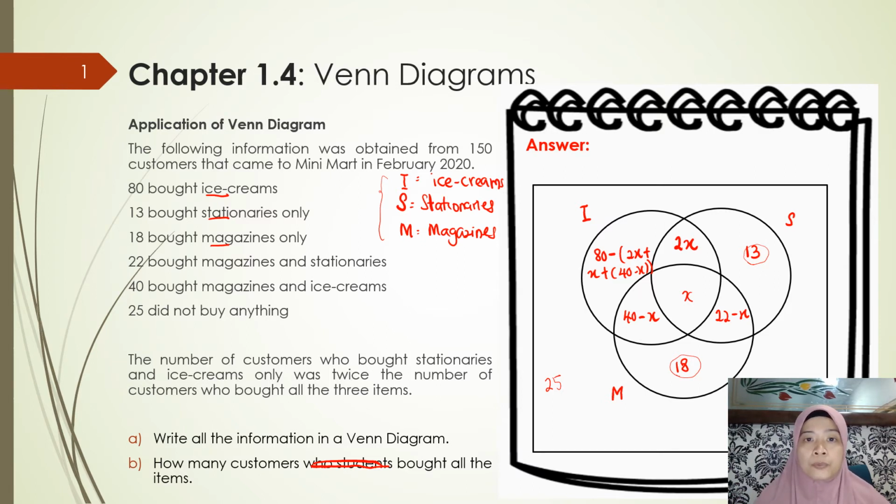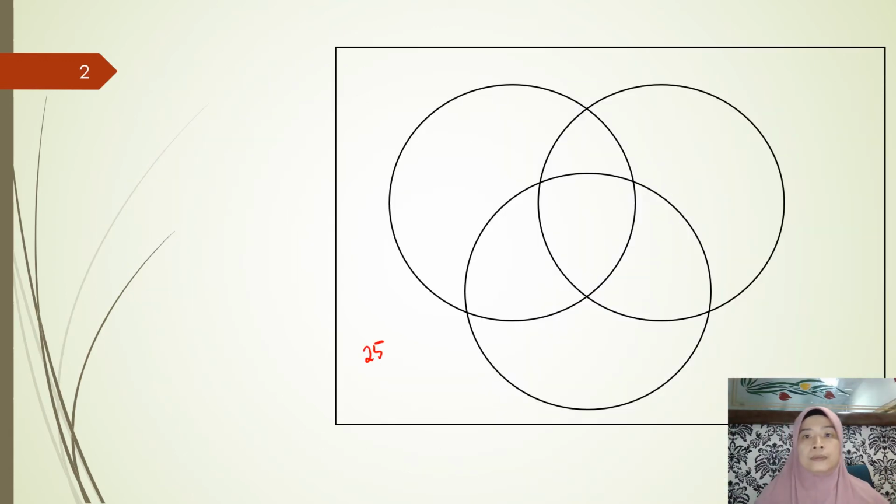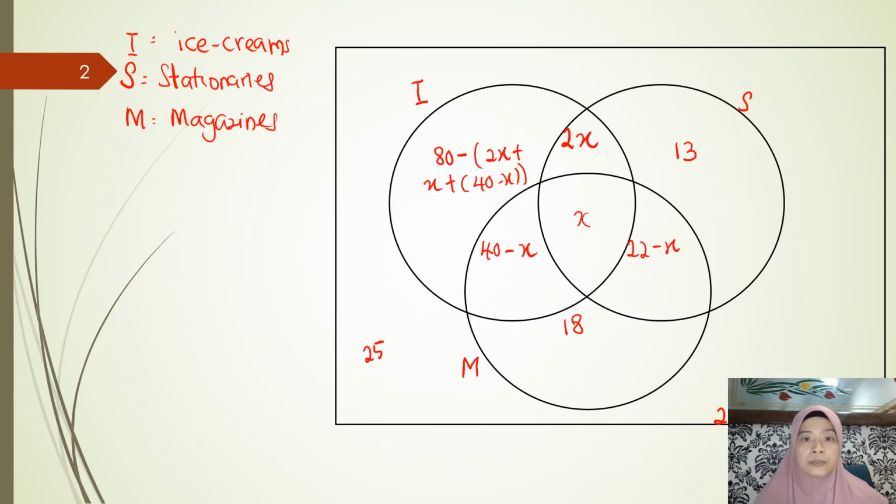Okay, where we should apply 150. So 150 here is the whole set, including customers that did not buy anything. So let's look at the bigger picture. This is the information that we have from the previous. In order to find x, we know that the whole set is a total of 150.